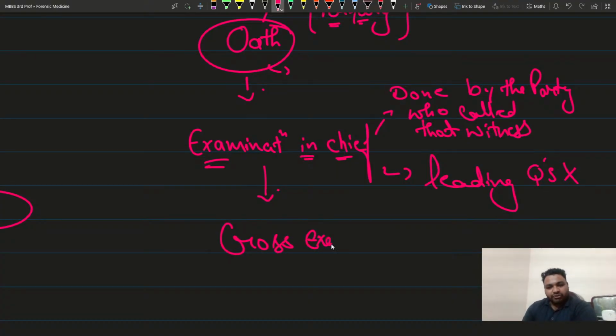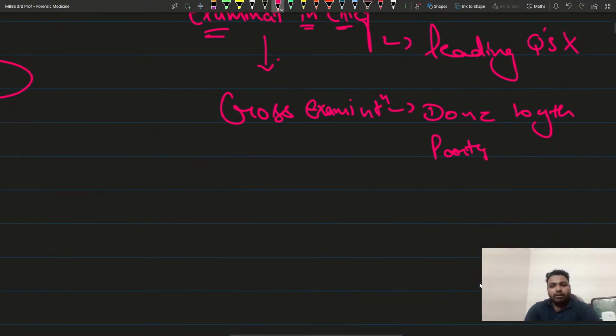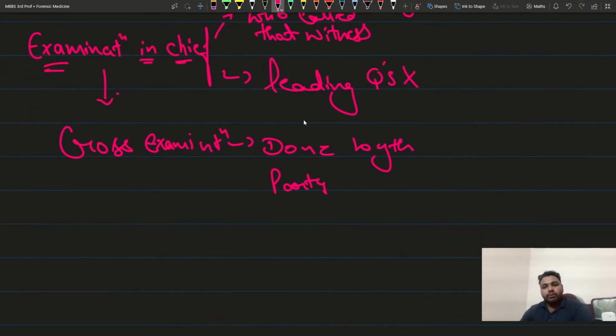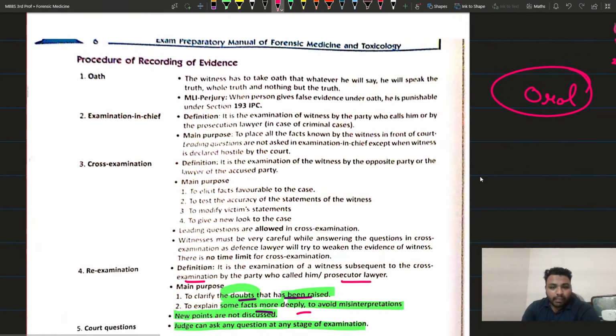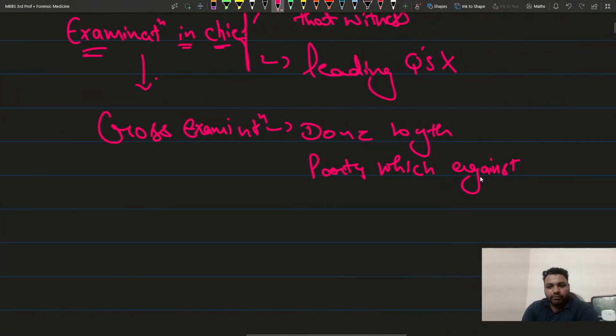Now, cross examination. This is done by the other party, the opposition party.